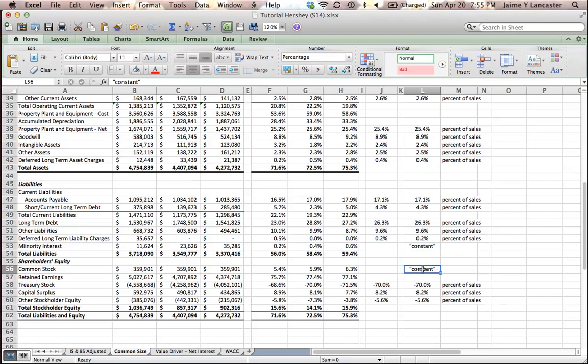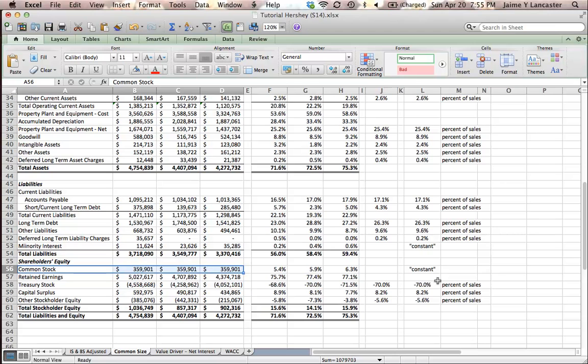There's one more thing that we hold constant, and that's common stock, sometimes called paid-in capital. That's the amount of money that shareholders gave to the company in exchange for being owners the very first time or any time the company has sold stock directly to the public. So that number's fixed, and unless we have some specific information about this company planning to sell a certain amount of stock next year, we're going to assume that it stays the same.